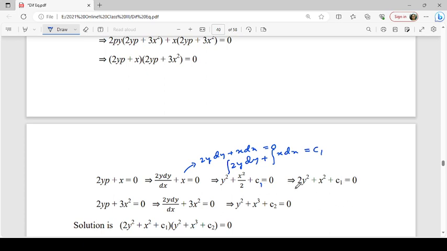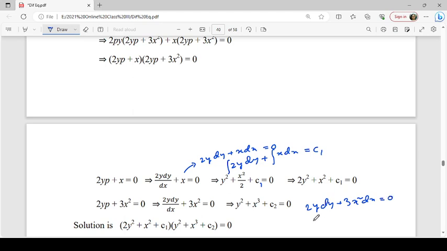Then the second equation is 2yp + 3x². Again, 2y dy/dx + 3x² = 0, so we have 2y dy + 3x² dx = 0.